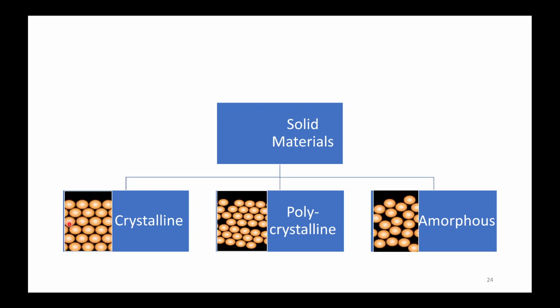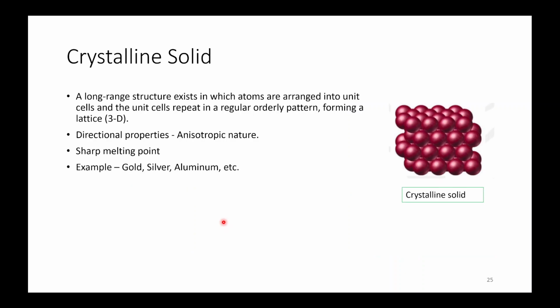So there will be an order in which these atoms are arranged. In case of polycrystalline, it is a mixture of amorphous and crystalline parts. In case of amorphous, there won't be any long range ordering. In polycrystalline, various crystallites, small crystals, will be there, and between them there will be boundaries. These boundaries will be amorphous in nature.